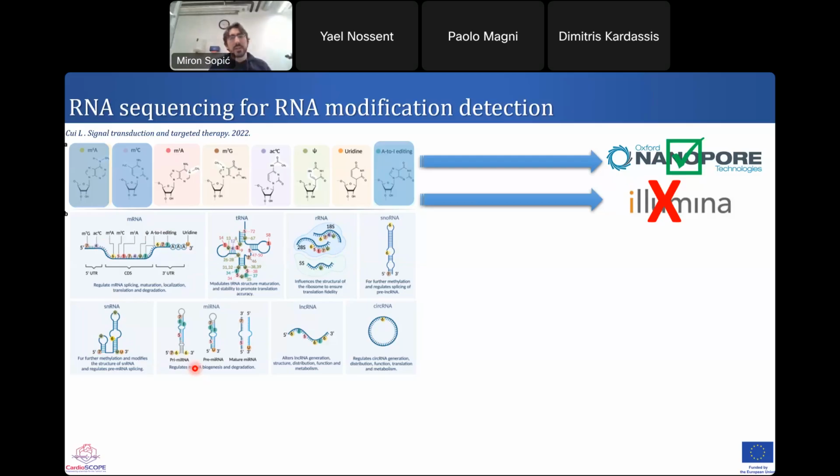We had wonderful webinars that Yale gave us, at the beginning of this year actually, about how these modifications are very relevant in microRNA biology and their functions. So this is why Nanopore is really, really nice, because it allows you to basically collect in one run all these different layers of data, and then, of course, analyze it.